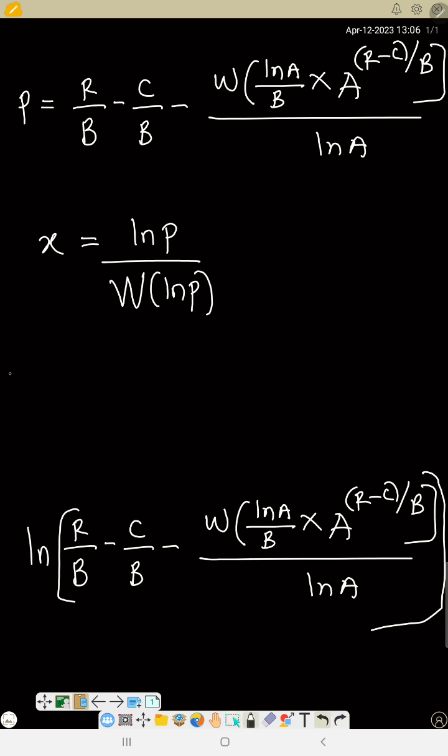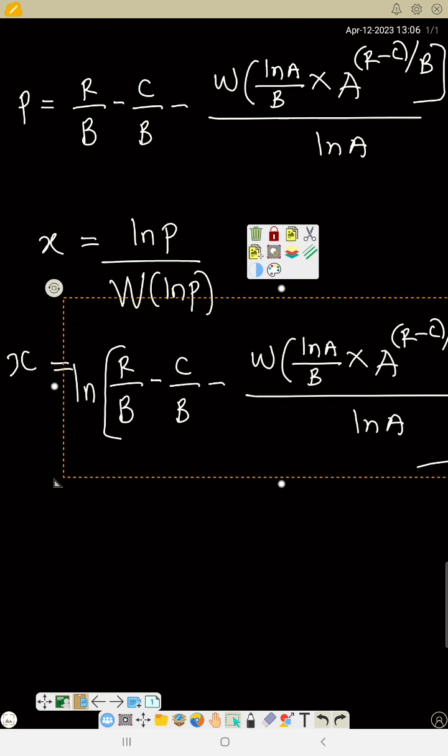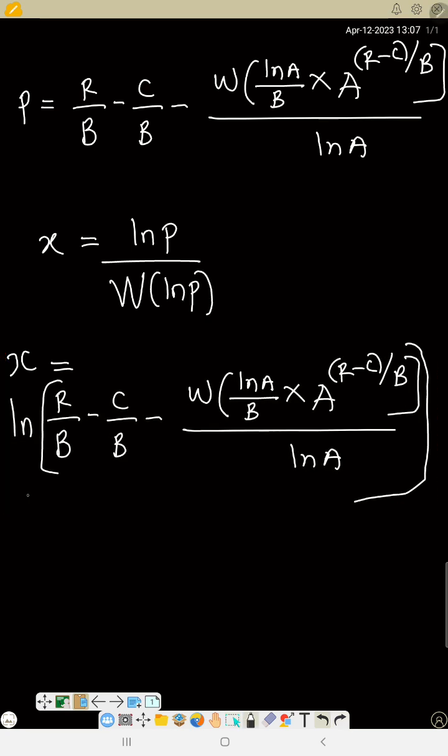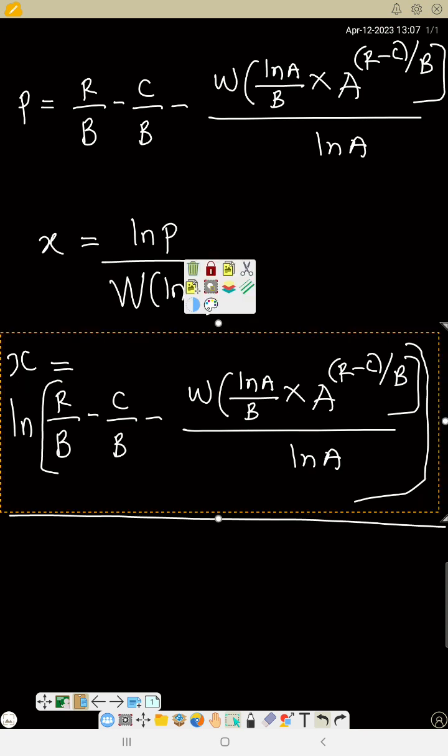S is equal to ln P divided by W, as in W ln P. So this ln P, that is if I want to bring everything at once.